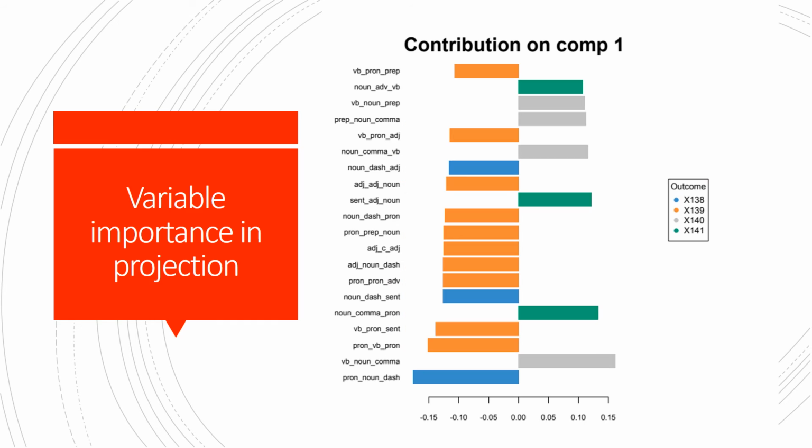Variable importance in projection, VIP coefficients reflect the relative importance of each x variable for each x variate in the prediction model. VIP coefficients thus represent the importance of each x variable in fitting both the x and y variates, since the y variates are predicted from the x variates.